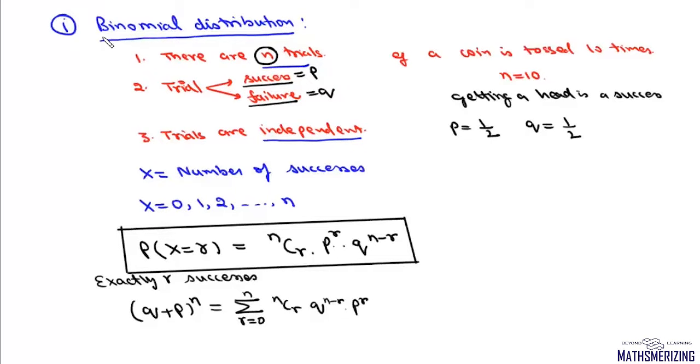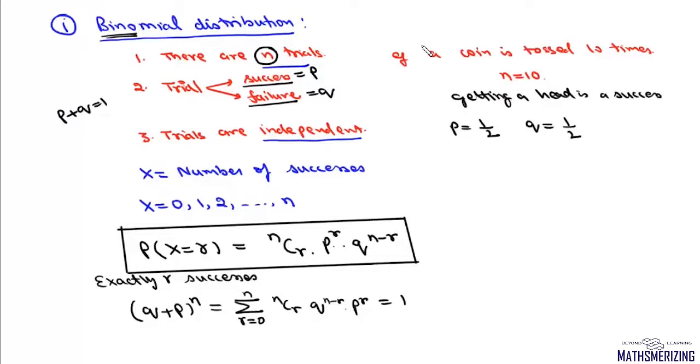We call this distribution the binomial distribution. Since p and q are probabilities of success and failure, p plus q is 1, so the sum of all probabilities is 1.